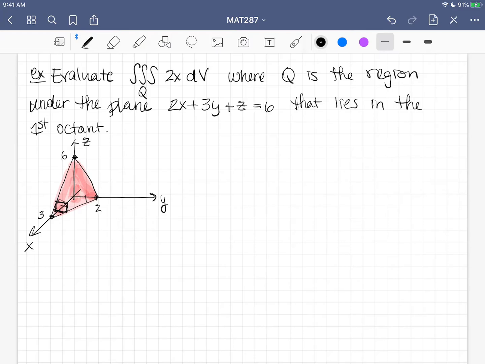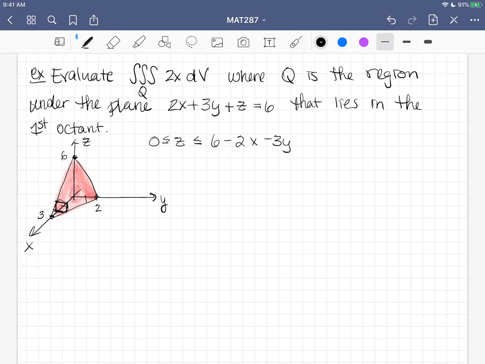As I move along and take these 3D pieces, what happens to my z values? Well, they come and hit the top of this plane. So z ranges from 0 to the top of the plane, which if I rearrange this equation is 6 minus 2x minus 3y.